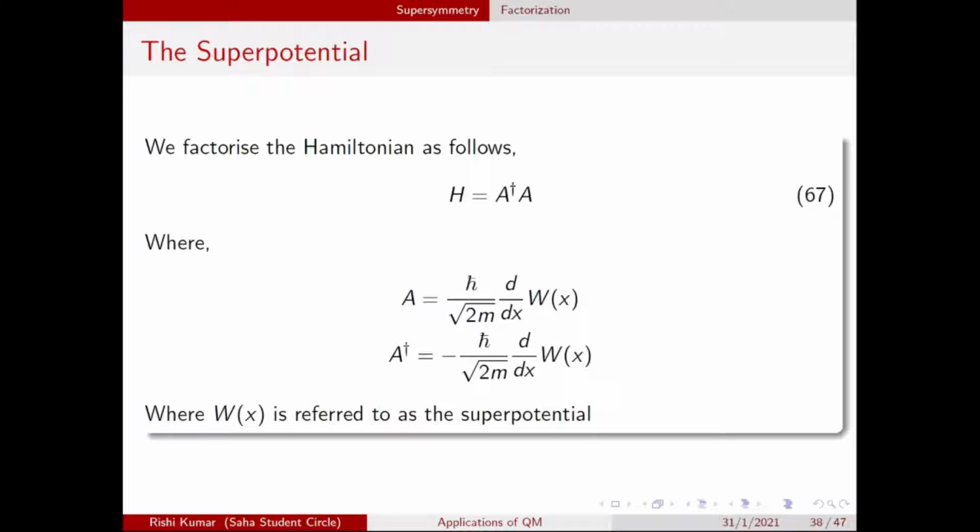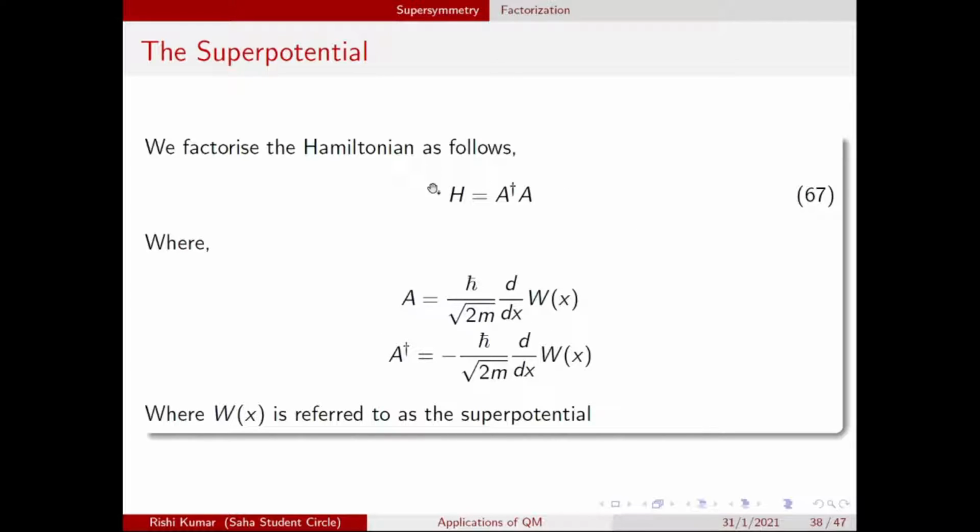We can take the new factorized Hamiltonian H as A dagger A. What are A and A dagger, you might ask? A is simply h bar by root 2m d/dx plus W(x), and A dagger is simply the transpose of this, where W(x) here is called the superpotential. We are just assuming two quantities here, and we're going to do our calculations.